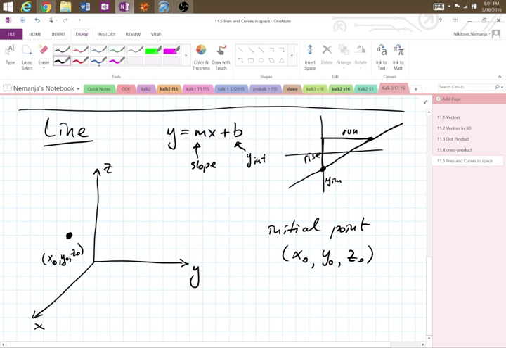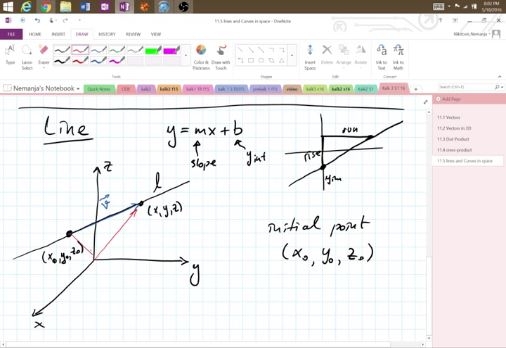Now what's going to happen is that from that point, I'm going to draw some vector v. And the line that we are looking for, L, is going to live along that. I'm going to find another point x, y, z over here. And I'm going to stretch these construction vectors that we will try to understand.